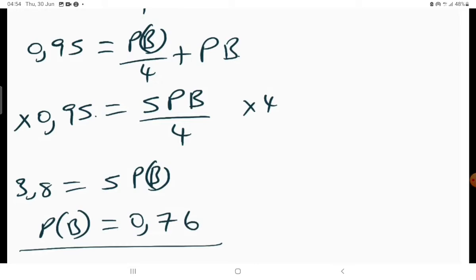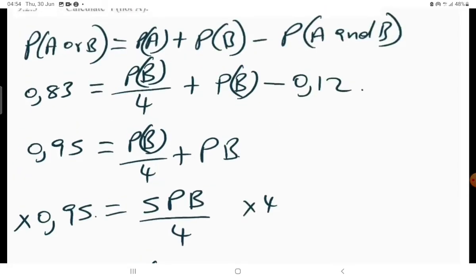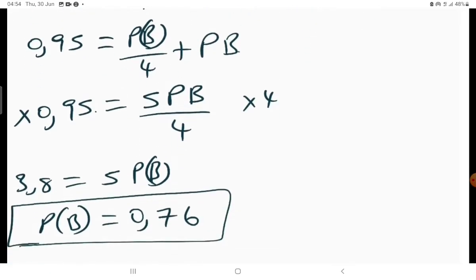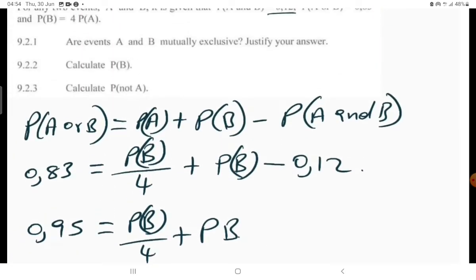So this is the probability of B, having used all the information that was given. So that is it.